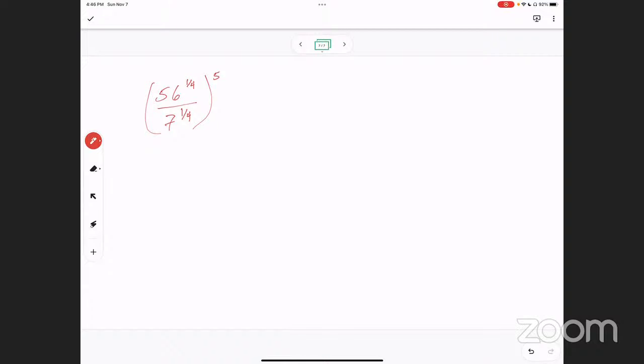Okay. And what do they want you to do? It just says all of the rules are applied in the same way for rational exponents. I think it just wants me to solve it. Okay. Well, first of all, since these are both raised to the 1/4, can't you rewrite it like this? 56 over 7 to the 1/4?